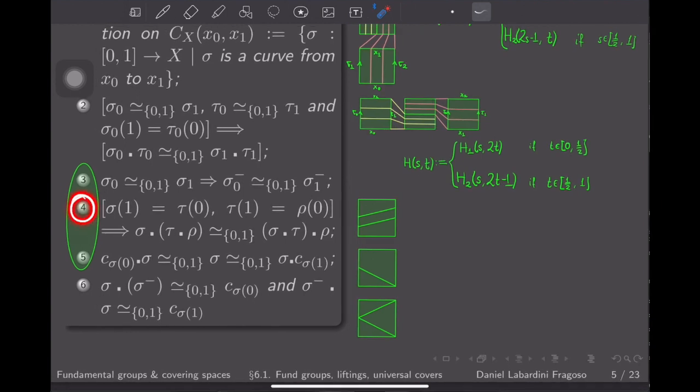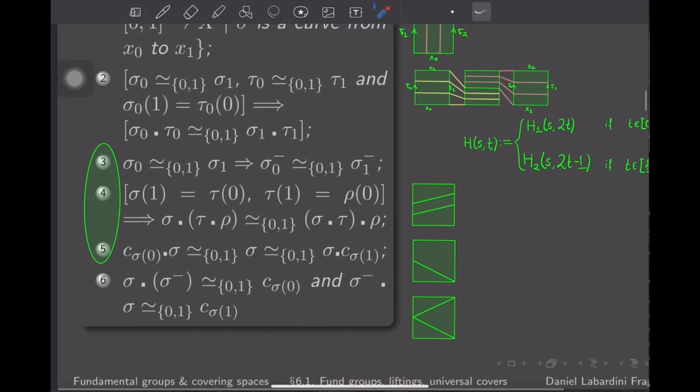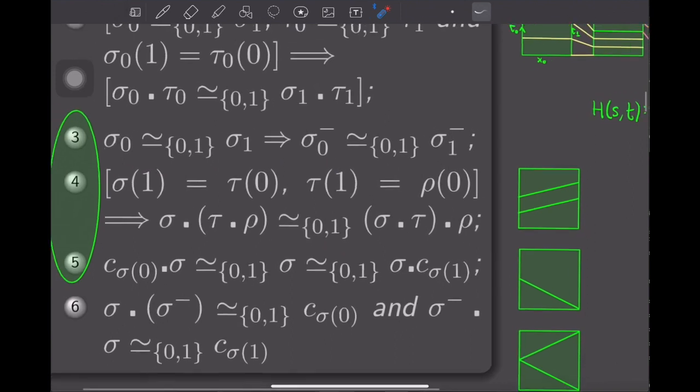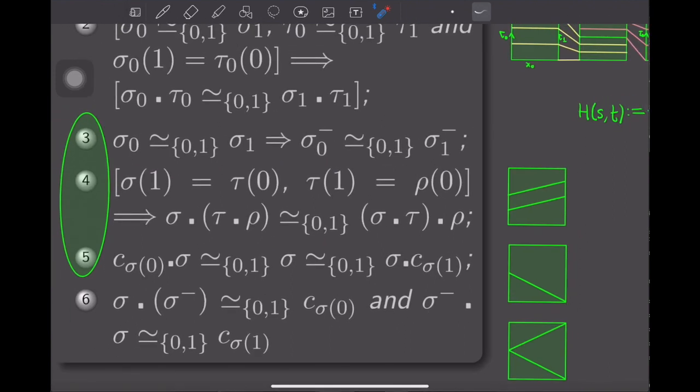For 4 is something similar, and so you see here in 4 what I'm really saying is, if I have 3 curves, sigma, tau, and rho. So in particular, each of them I'm assuming to be a continuous function from the unit interval to x.